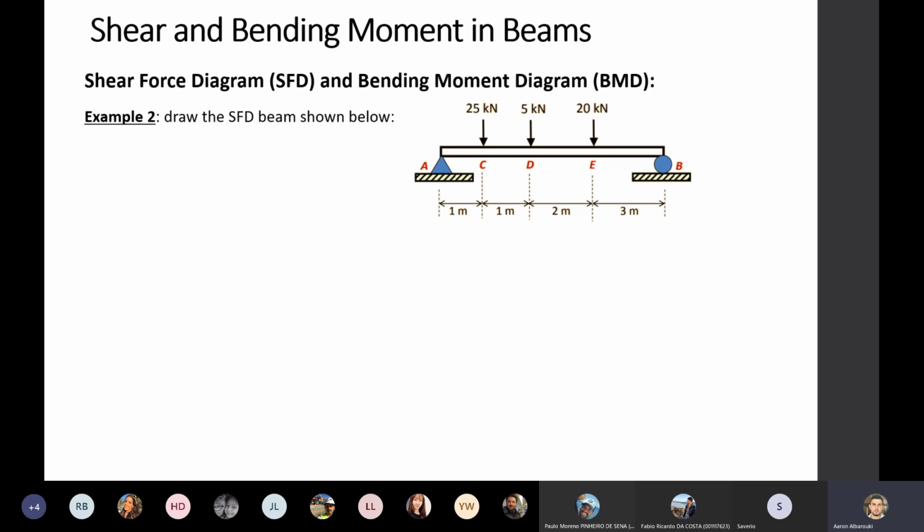Okay, so we've got the reaction forces and we can draw a free body diagram. So I can just add here these reaction forces.